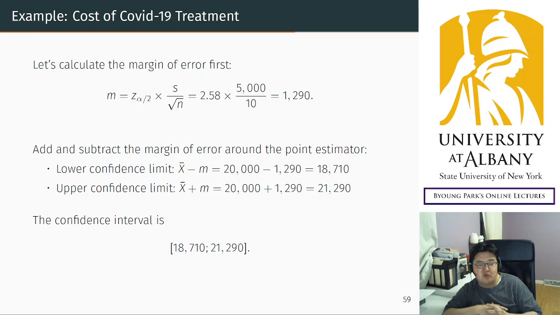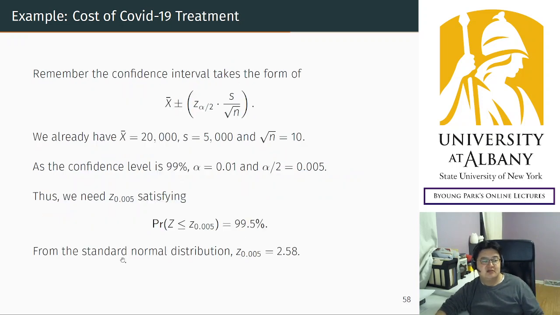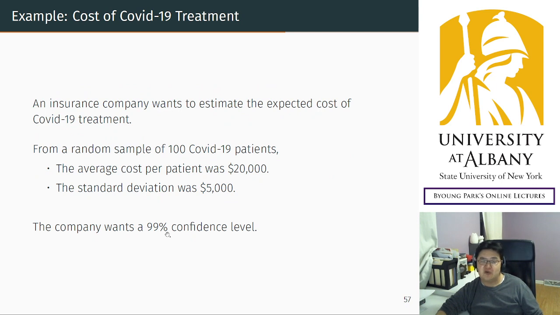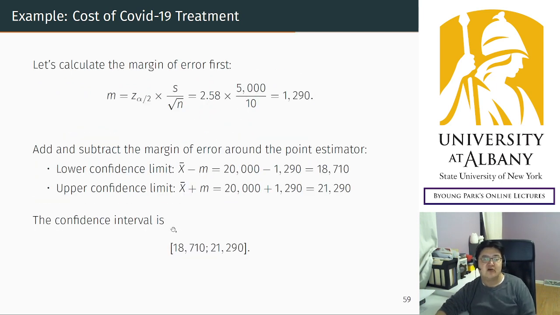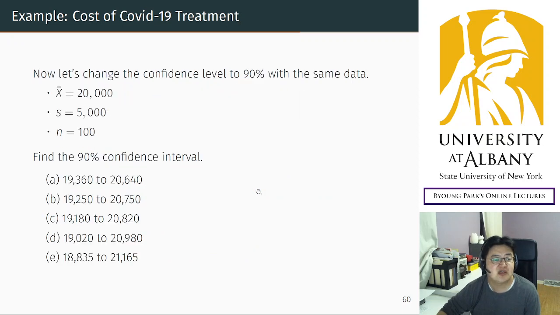This estimator will be correct with 99% probability because that's the probability we set here. So this is how we use the confidence interval. As you can see, the derivation looked more complicated, but actually the application is pretty simple, right? Just get used to that.